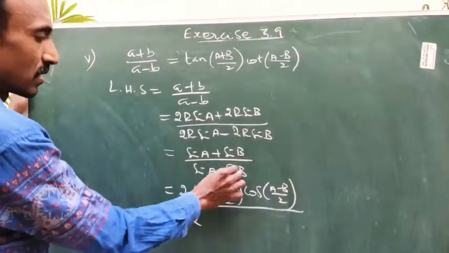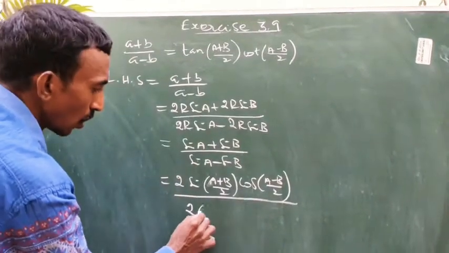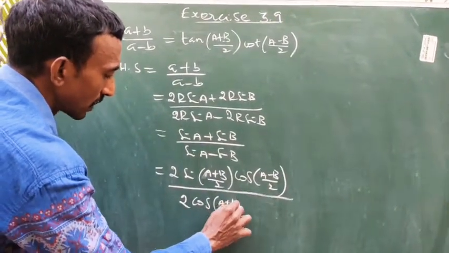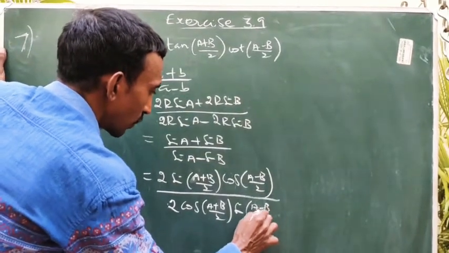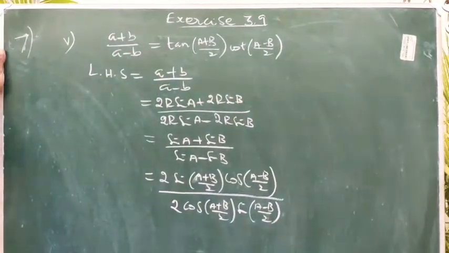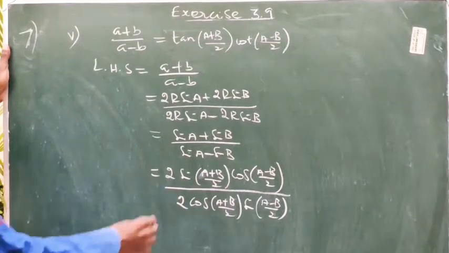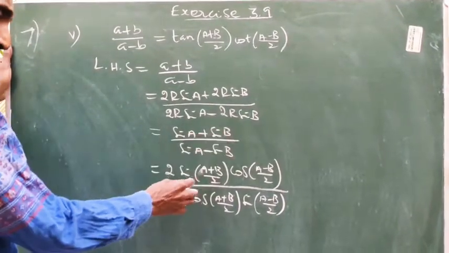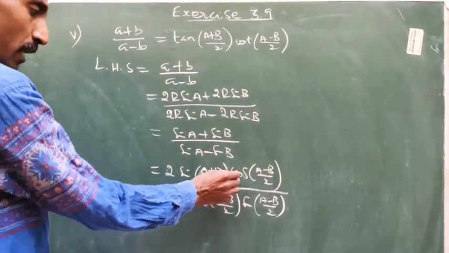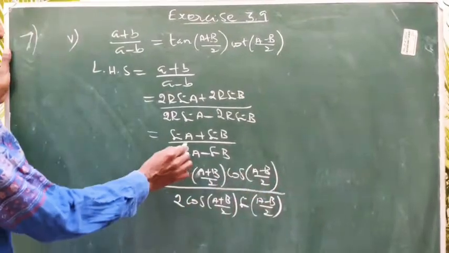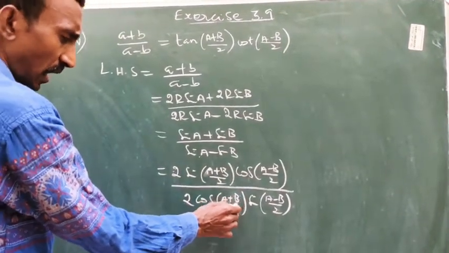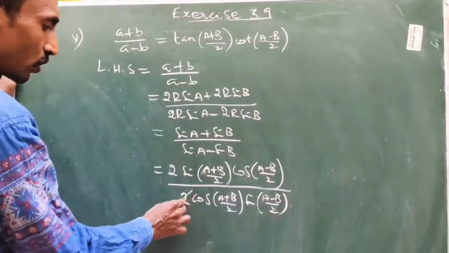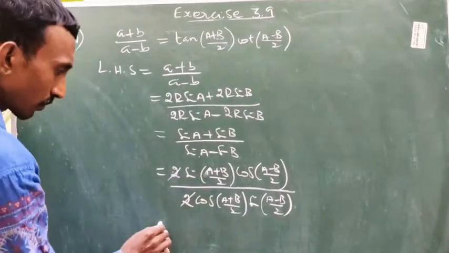Similarly, sin C minus sin D equals 2 cos((C plus D) by 2) into sin((C minus D) by 2). These are the direct sum to product formulas. The 2 cancels.